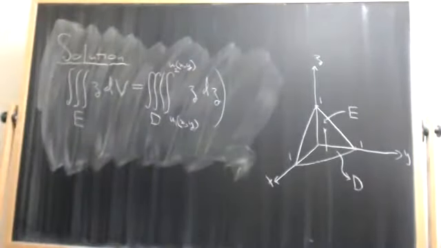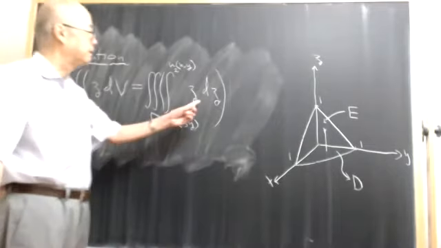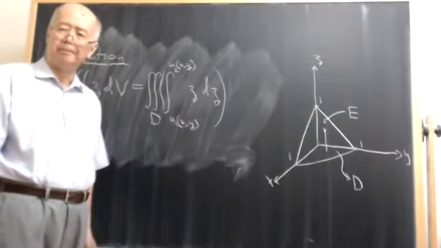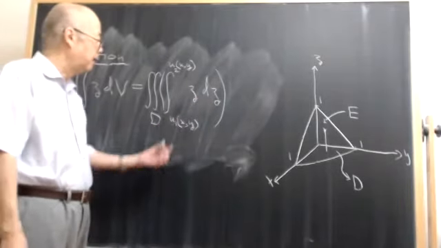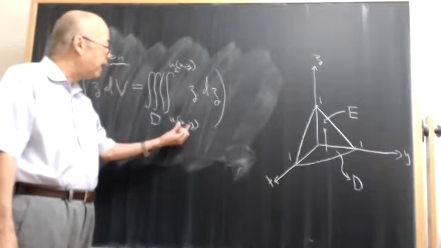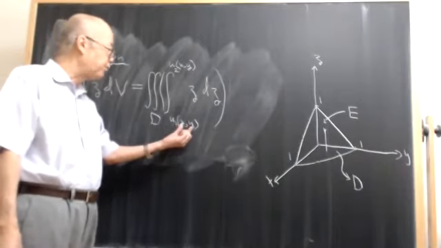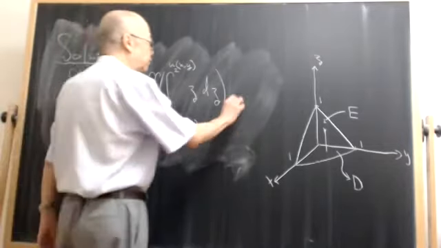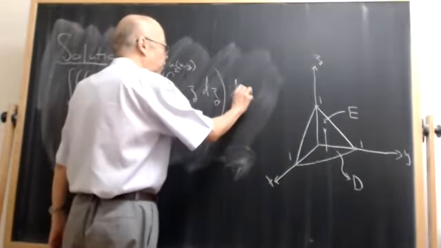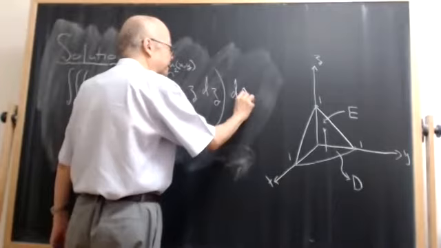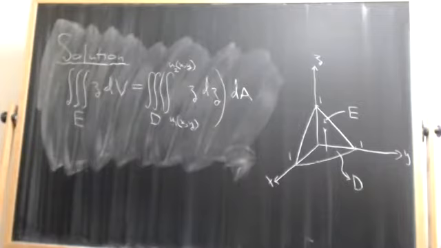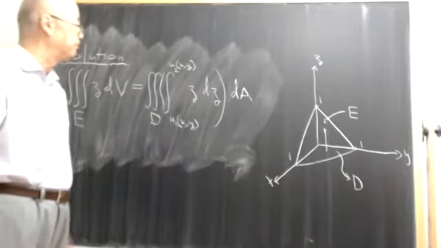And after you have done this, the z variable will disappear, leaving behind a function of xy only on D. So we integrate the resulting function with respect to A on D. So this is what we need to do.